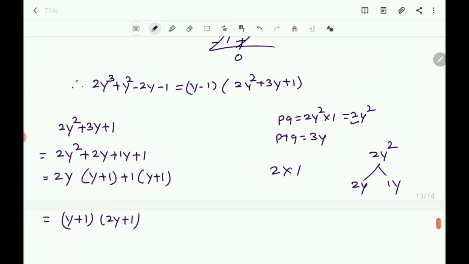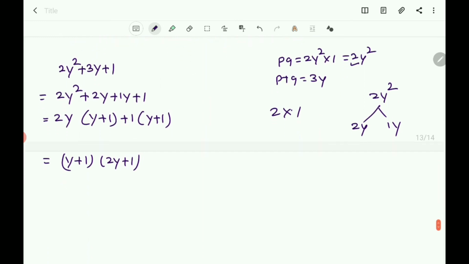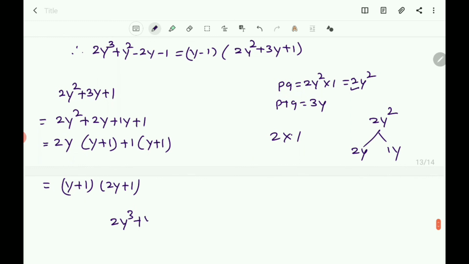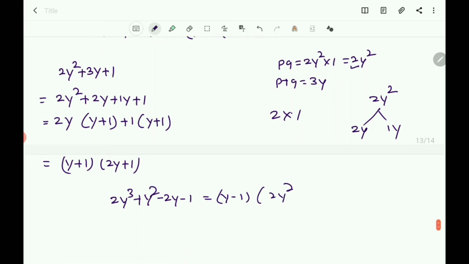You got that 2y cube plus y square minus 2y minus 1 is equal to one factor y minus 1 into the other factor 2y square plus 3y plus 1.